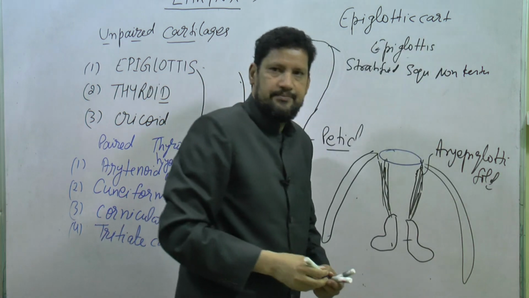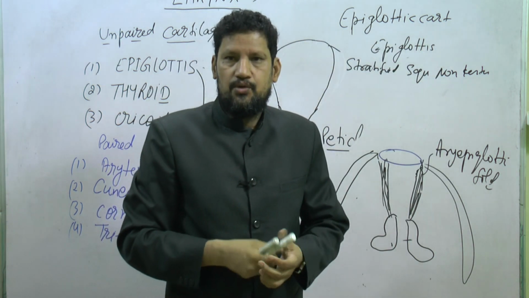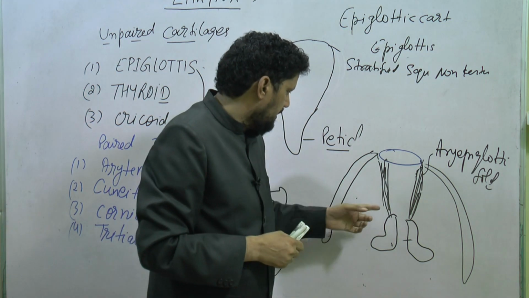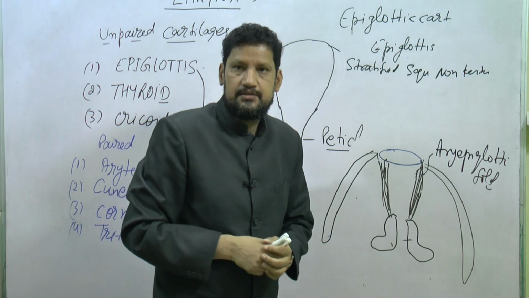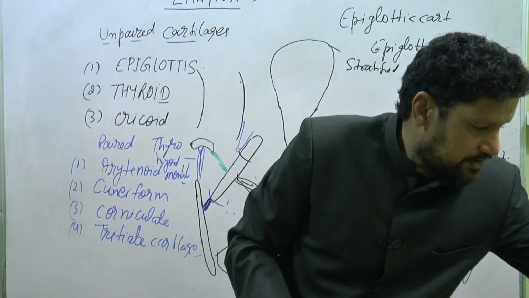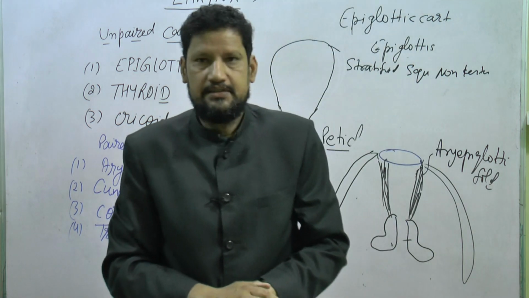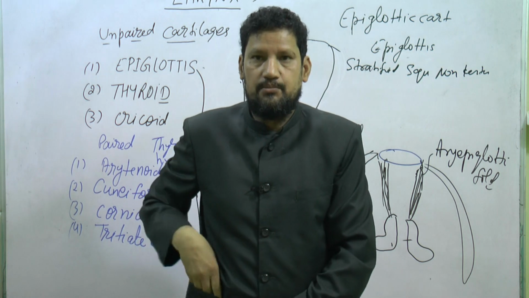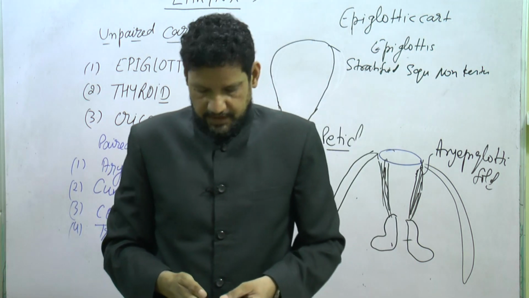These folds are having thyroepiglottic and aryepiglotticus muscles. So this was the epiglottic cartilage. After a short break, I will talk about the thyroid cartilage.